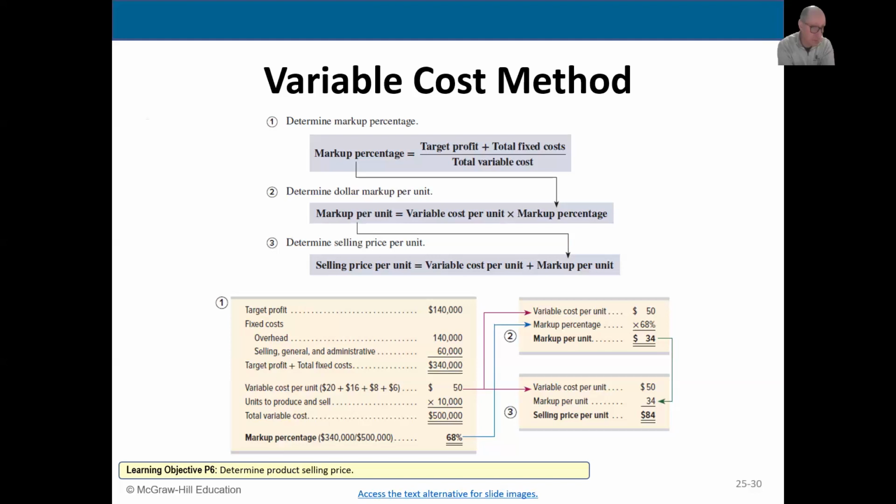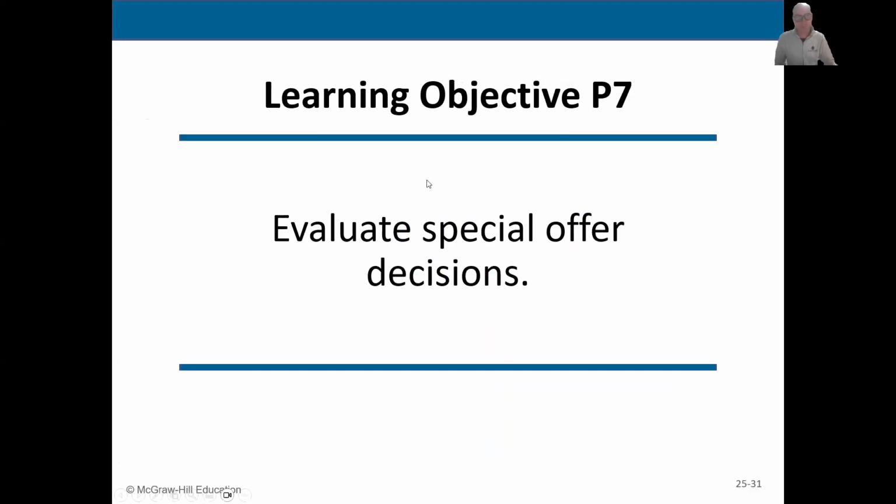To do that, we take the variable cost per unit times the markup percentage we got from step one. And then step three, we set the sales price. We take the variable cost per unit plus the markup per unit that we got from step two. Very straightforward. Those are a couple of methods that you can use for setting your sales prices.